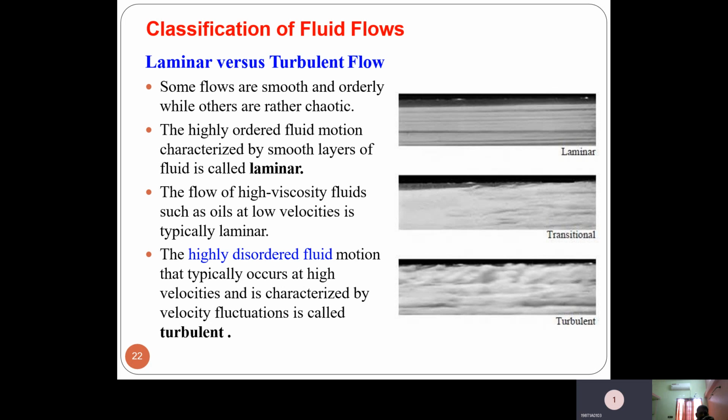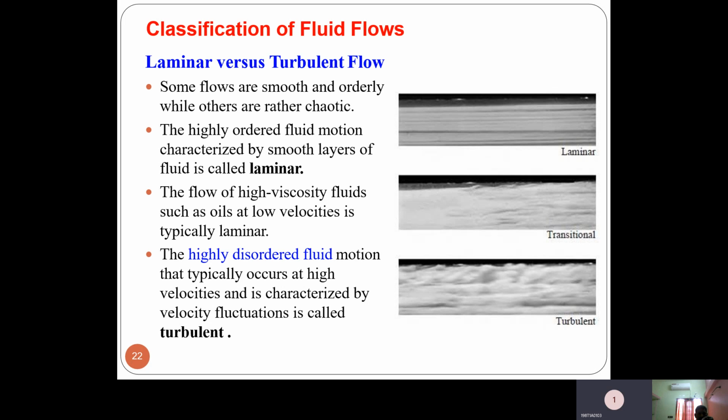Highly disordered fluid motion typically occurs at high velocities, and it is characterized by velocity fluctuations. It's called turbulent. Highly disordered fluid flow is called turbulent flow. Smooth, finely ordered flow is called laminar.